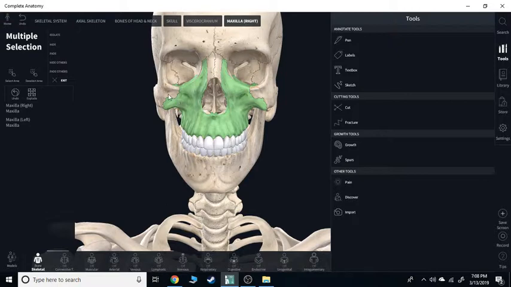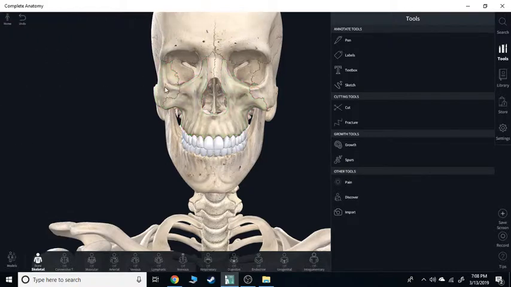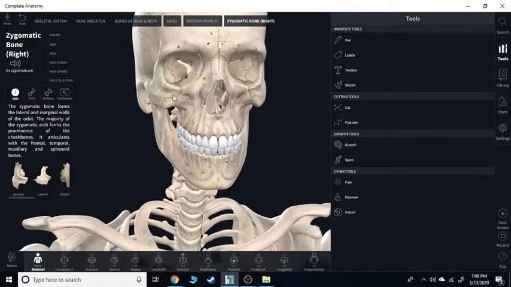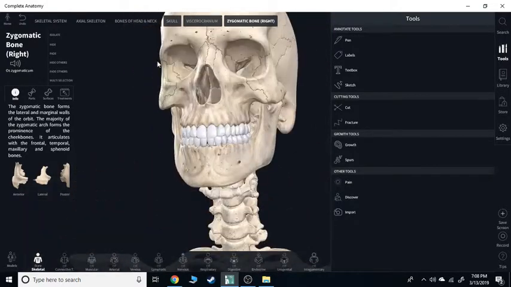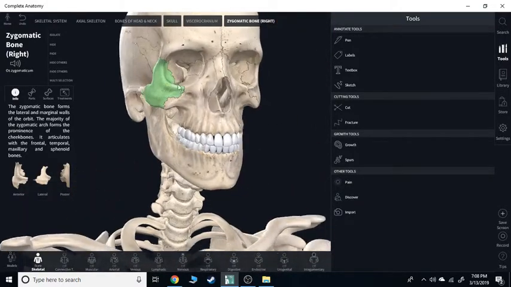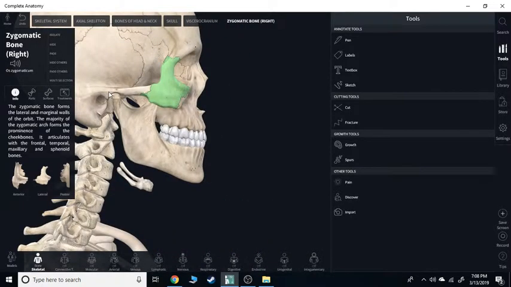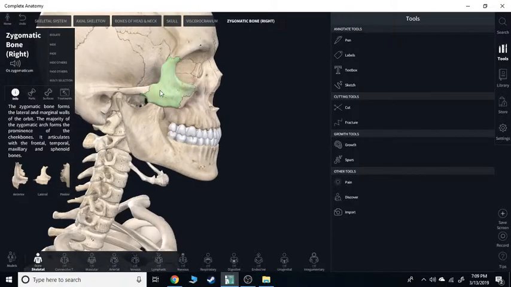We have the two zygomatic bones. Oh, let's get rid of the multi-selection. Zygomatic bones make up a lateral portion, well, I guess the lateral portion of the orbit. They connect to the zygomatic process of the temporal bone we talked about earlier.